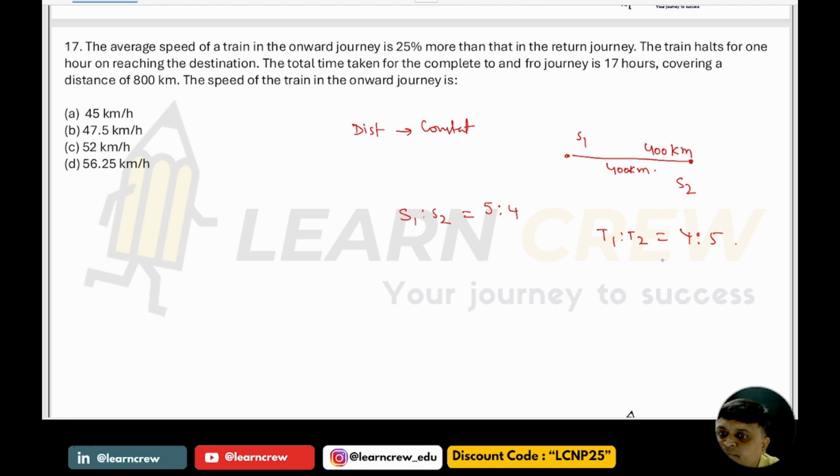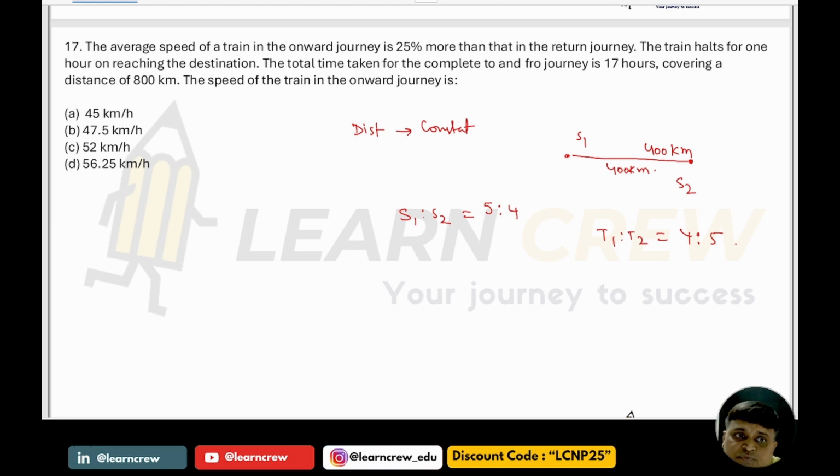The onward speed is 25% more than the return speed: if the return is 100, the onward is 125. So the speed ratio is 5:4, and the time ratio is 4:5.